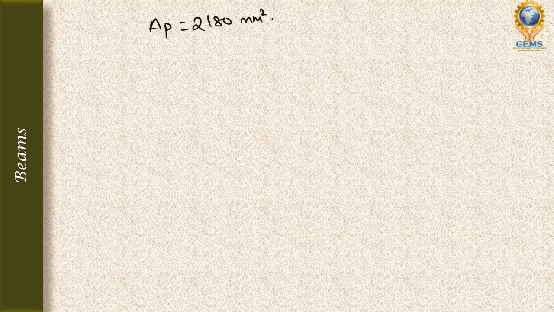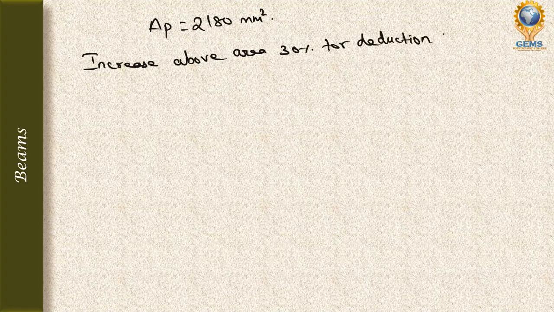Once we found the area of the plate, that is 2180 mm square, the next step is we have to increase the above area by 30%. Why are we increasing the above area? For deduction of rivet hole.